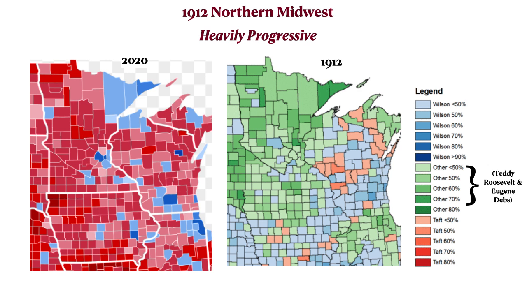So it's probably not best to put them together, but that's the map that I have, and you can contrast that with 2020. But you can see Minnesota, northern Iowa, northern Illinois, a very high vote mostly for Roosevelt, but for Debs as well. Wisconsin, not so much.